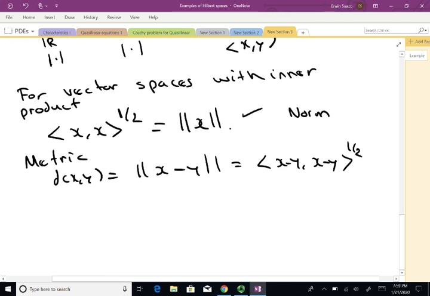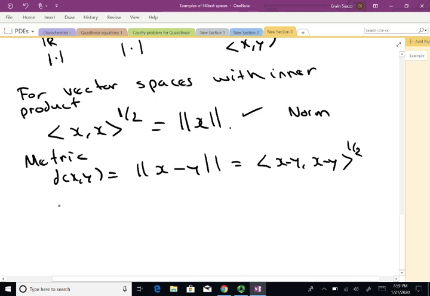Is that weird? Let's say you have x squared between minus 1 and 1, and then you have f of x equals x.